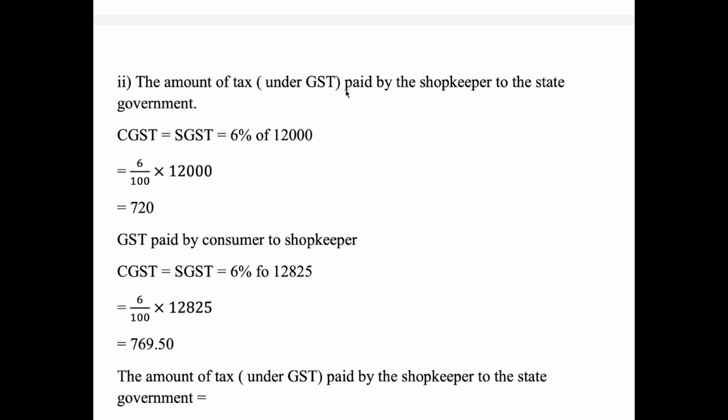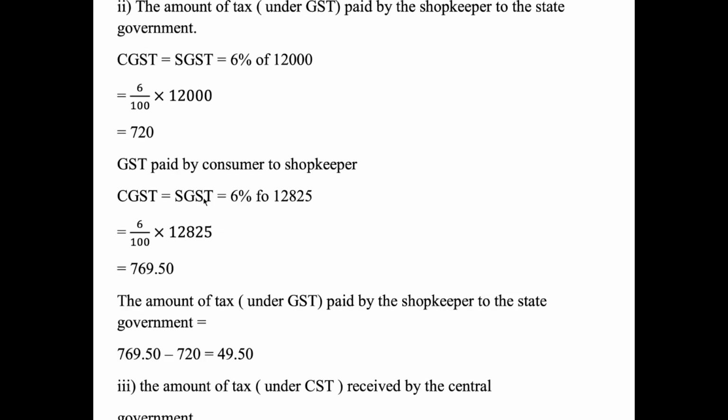The amount of tax under GST paid by the shopkeeper to the state government. Again, CGST is equal to SGST is equal to 6% of 12,000, that comes to 720.